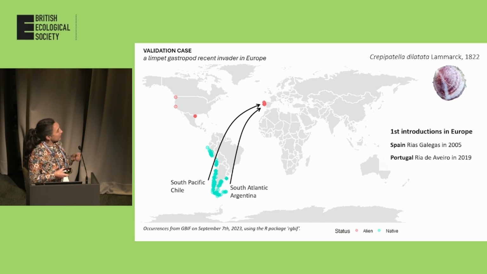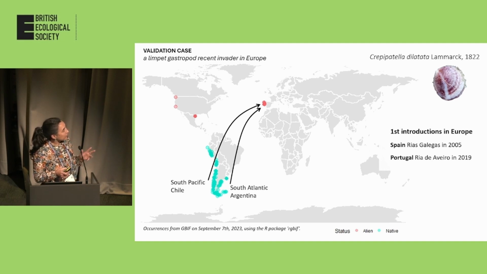So I was working in Portugal in a coastal lagoon, and we were actually tracking another invasive species, and by chance encountered a new one. We first thought it was a juvenile of the previous one, then we started looking further and realized it was a new one, and it had only been recorded for Spain in the entire Europe.